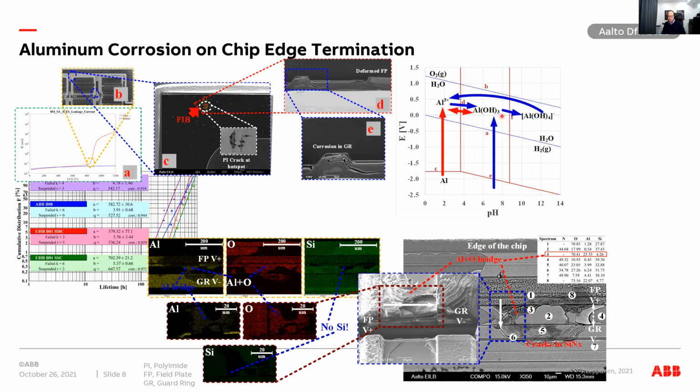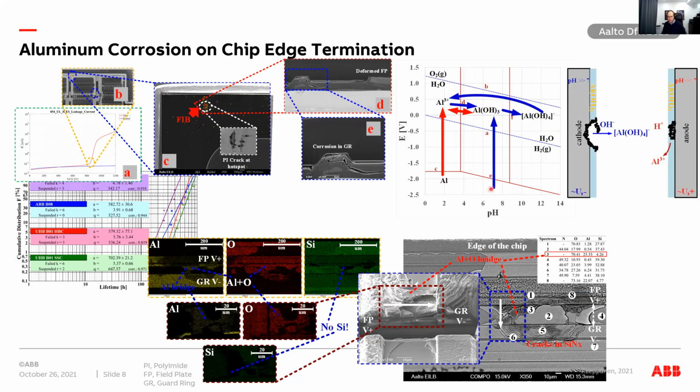First of all, we can form this kind of a Fourier diagram, and then we can try to explain this idea that at the cathode side, well, actually at both sides, even without the voltage, this aluminum hydroxide 3 would form on both of the surfaces. And actually we believe that this happens already in our tests before we start biasing the voltage.